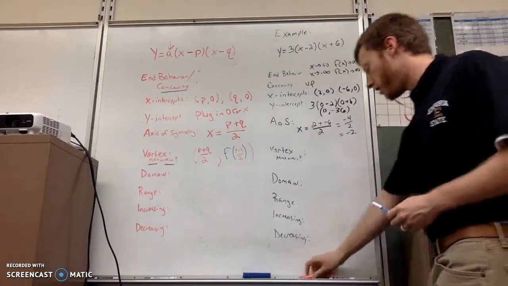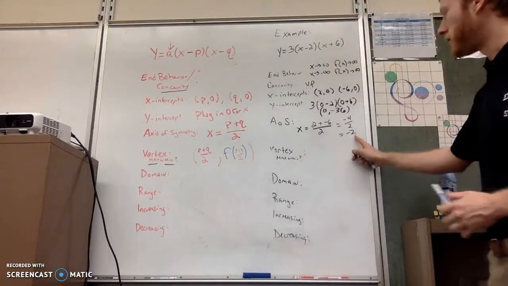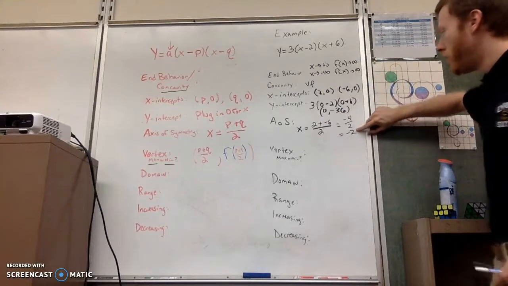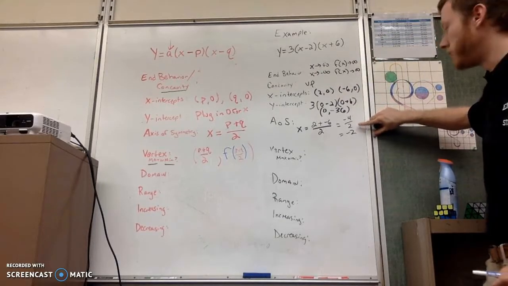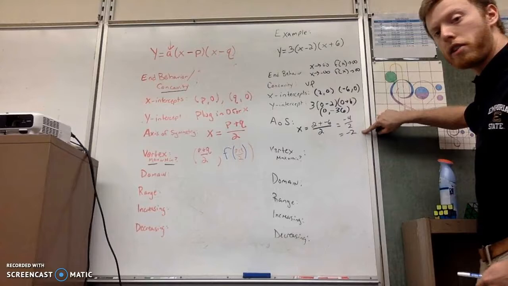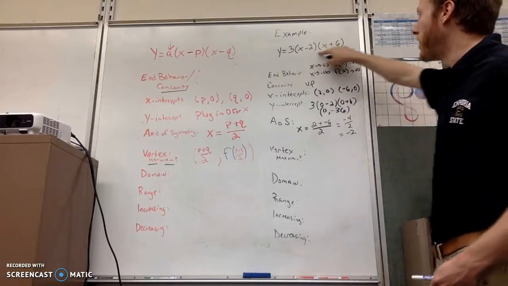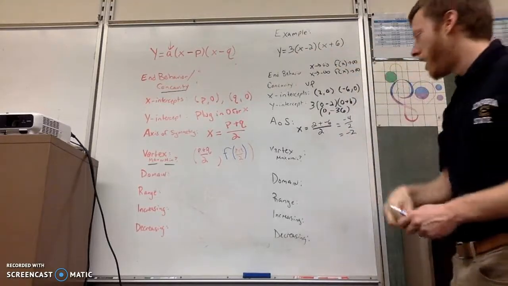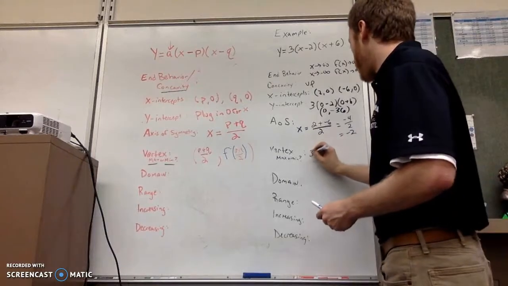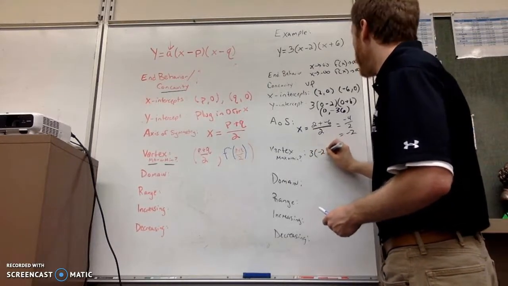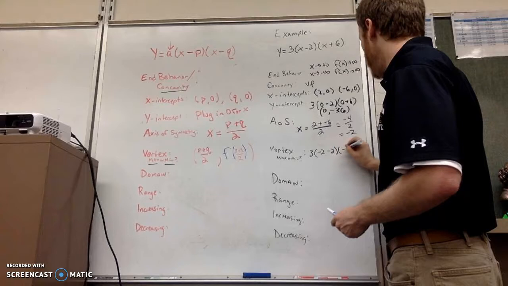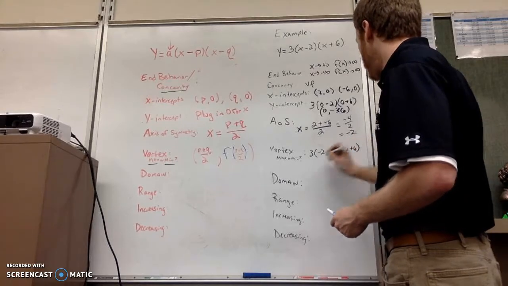So over here, let's just bring it back to the axis of symmetry, or this problem here in black. We found the axis of symmetry was negative 2. So what we're going to do is we're going to plug negative 2 into this equation up here and solve. So we've got 3 times negative 2 minus 2 times negative 2 plus 6.